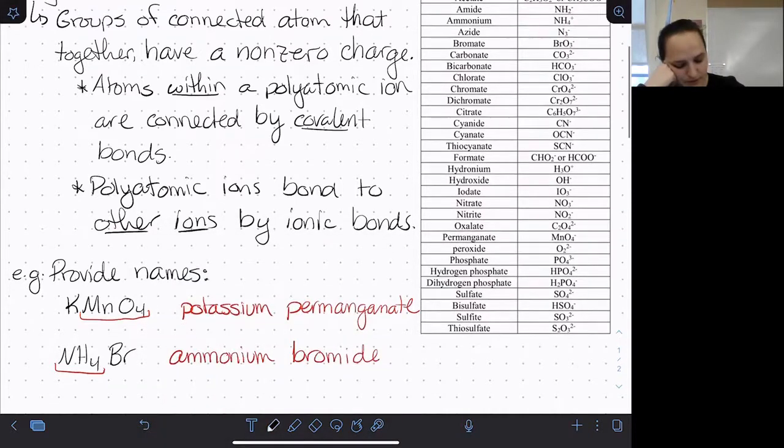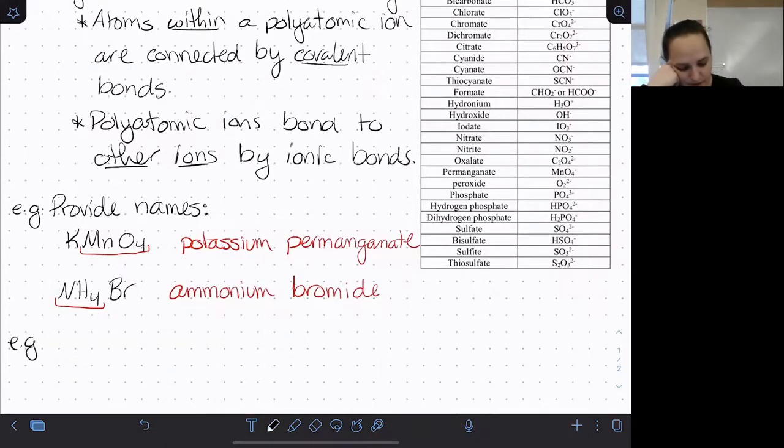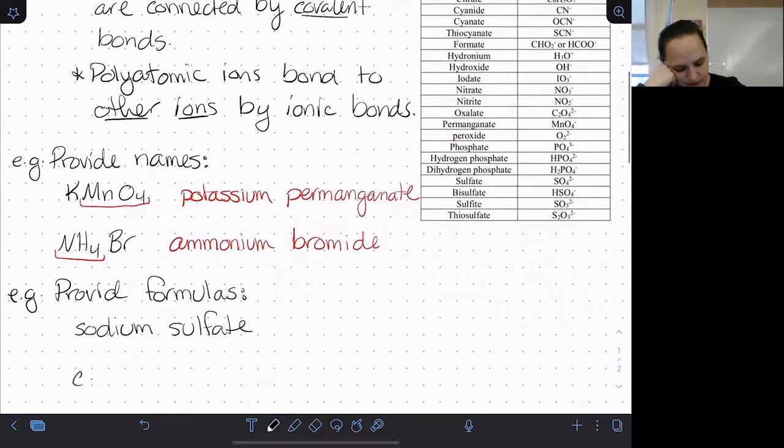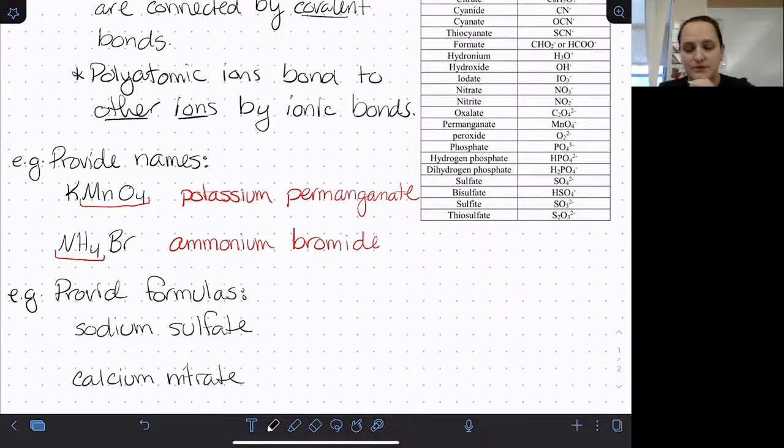So if we want to provide formulas, we go in the other direction. I give you a name. Let's do sodium sulfate and calcium nitrate.